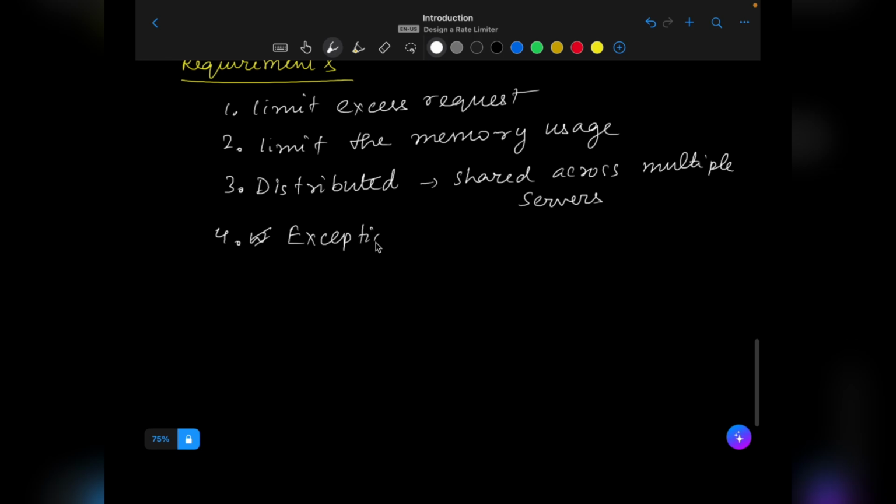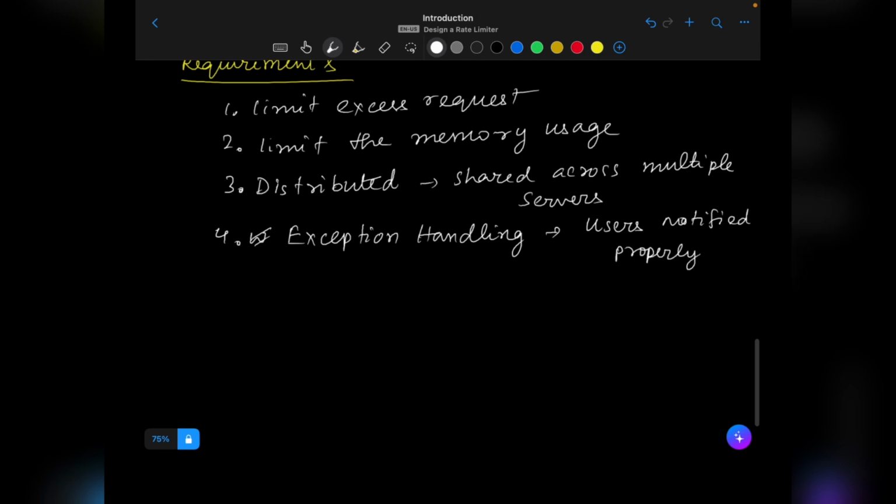What it means is the user should be notified properly if there is any request being throttled. And lastly, which every system should follow, high fault tolerance.